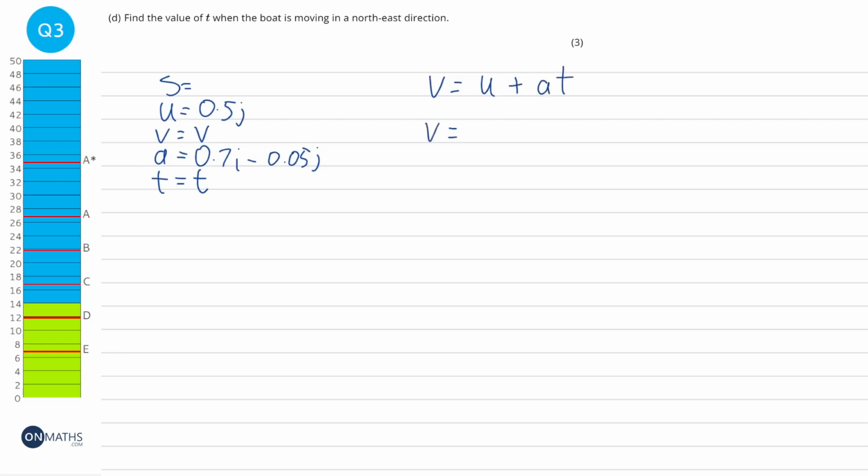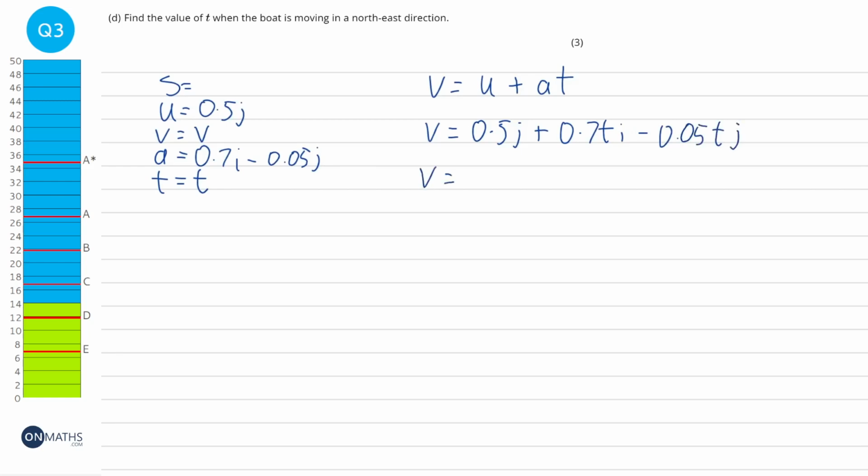So it would be v equals u, which is 0.5j, plus, and I'm just going to multiply the t's here, so 0.7ti minus 0.05tj.